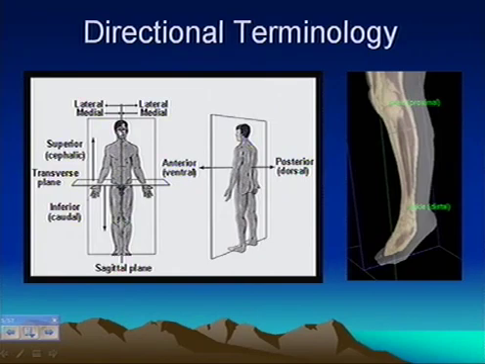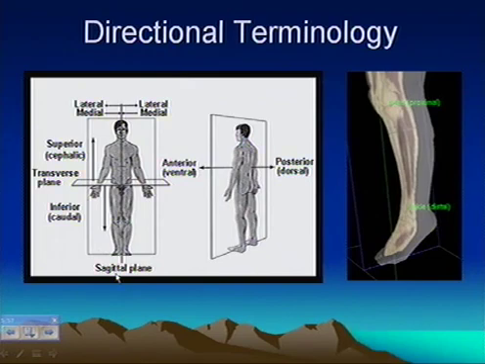If we talk about the eye and the ear, the eye is medial to the ear, but the eye is lateral to the nose. So you have to make sure you're describing the area that it's referenced from, so it's a point of reference that it's working with.